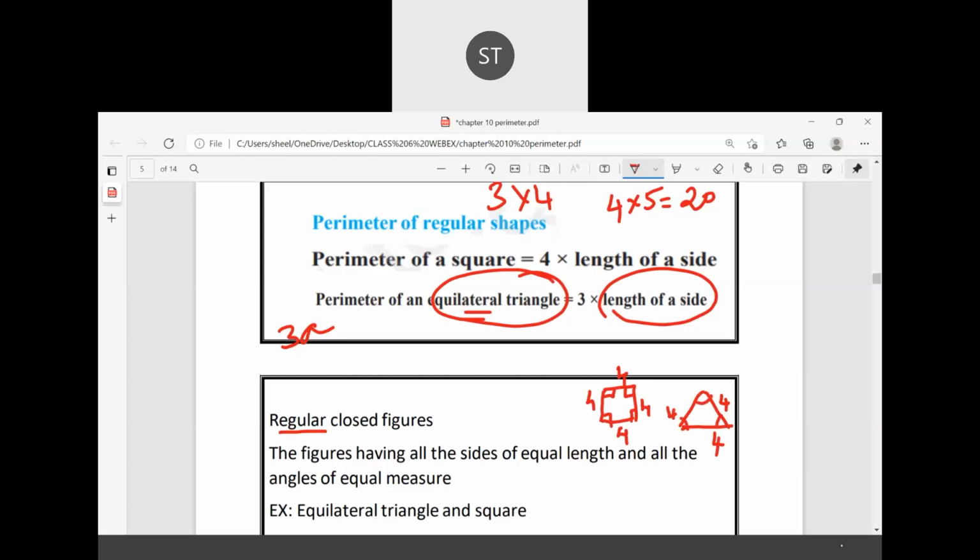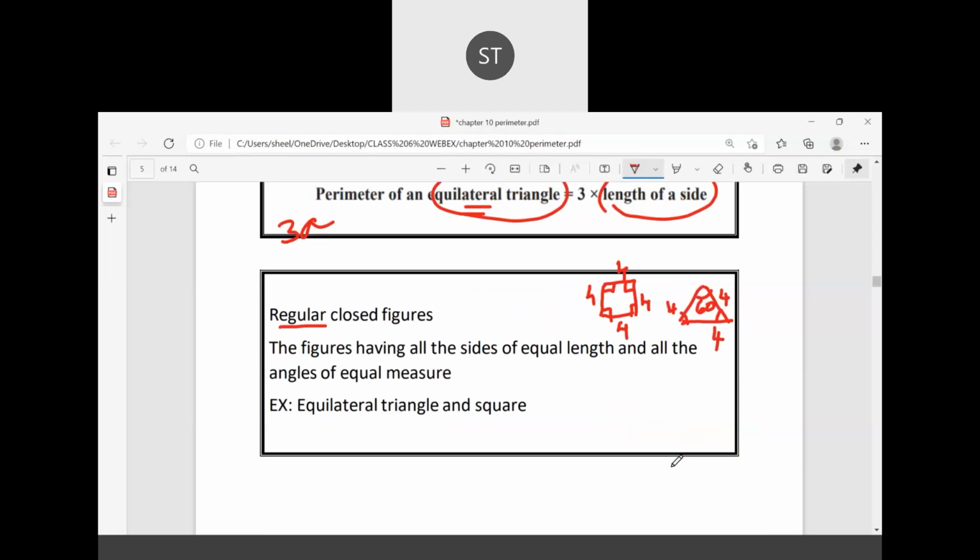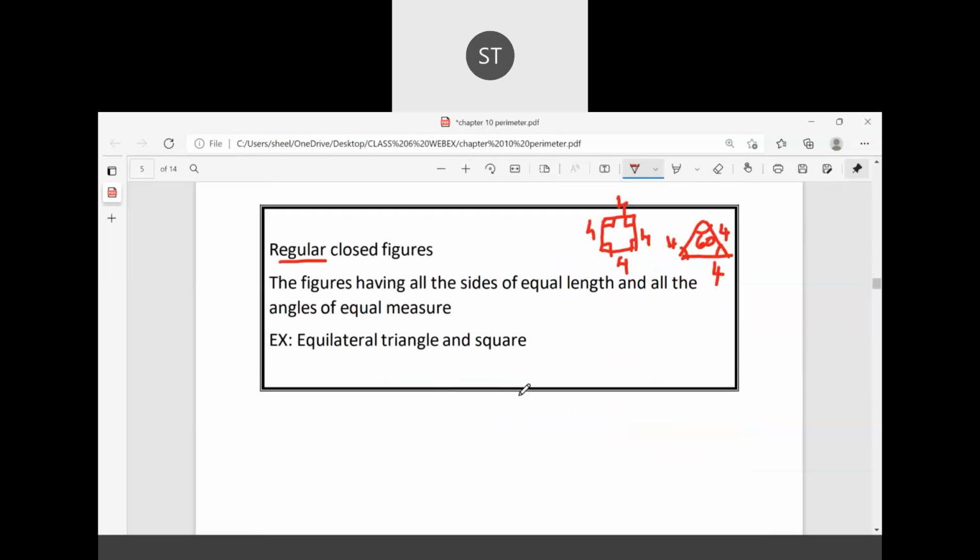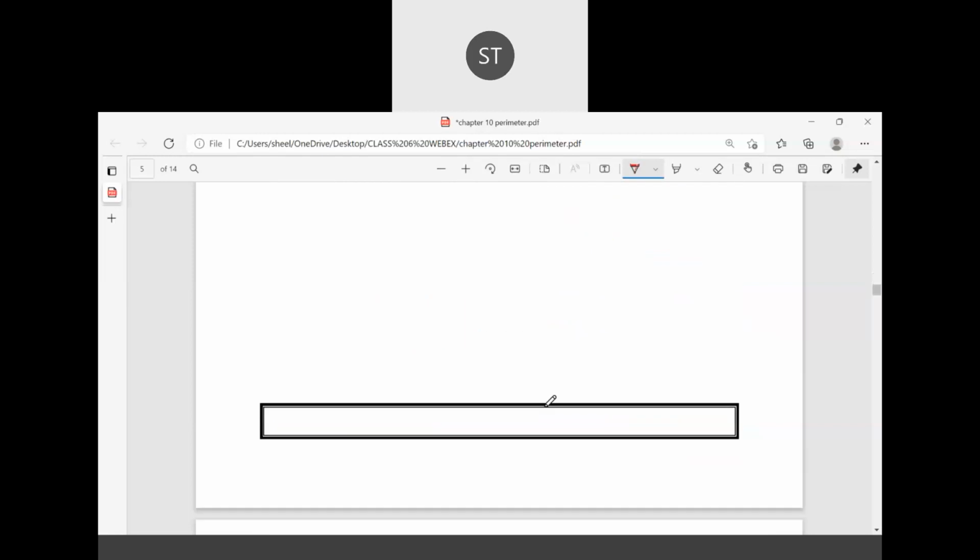All three angles are equal. Each is equal to 60 degrees in an equilateral triangle. So the angle measurements are equal and the side lengths are also equal. Such figures are called regular closed figures. Closed figure in the sense of a polygon that is made up of line segments. So the equilateral triangle and the square are examples of this.